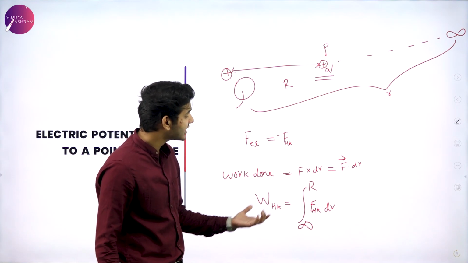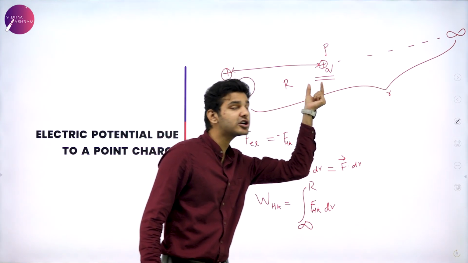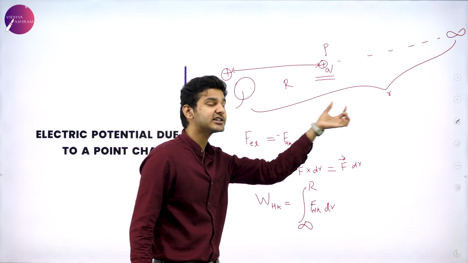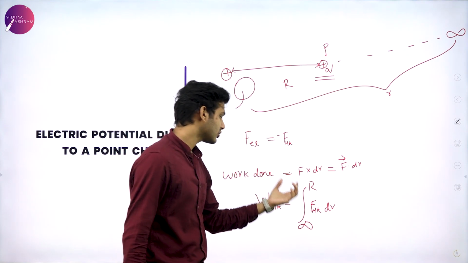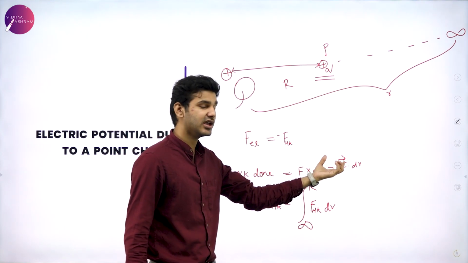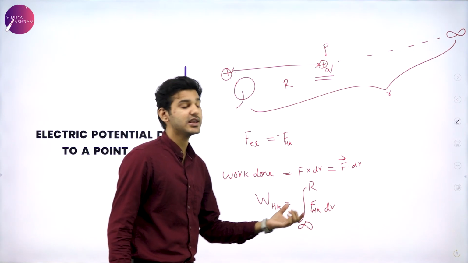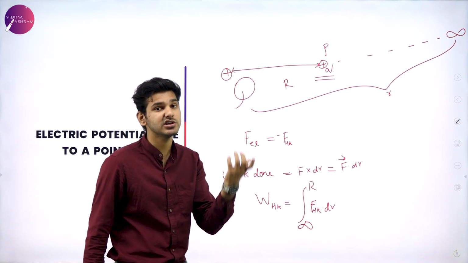The work I am doing is equal to the integral, because I am making small steps of dr. If I add all those small steps, I'll get the big R. So we know that the equation is F dot dr, and F_HK dot dr will give me the work I did, which in turn will give me the potential energy in this scenario.